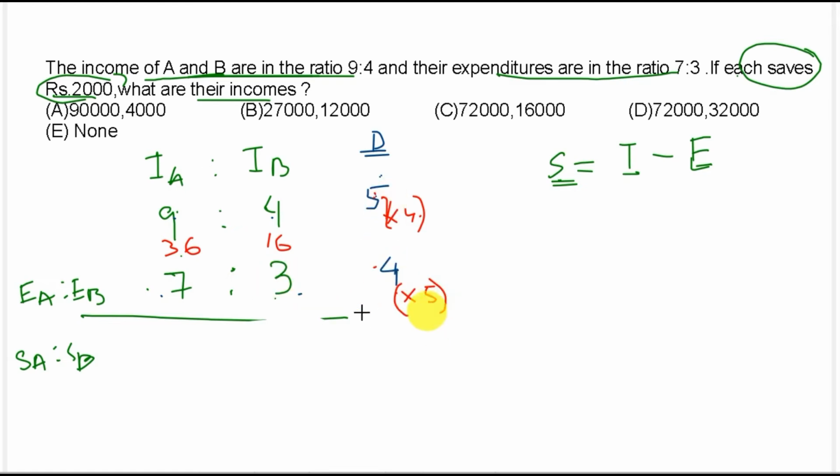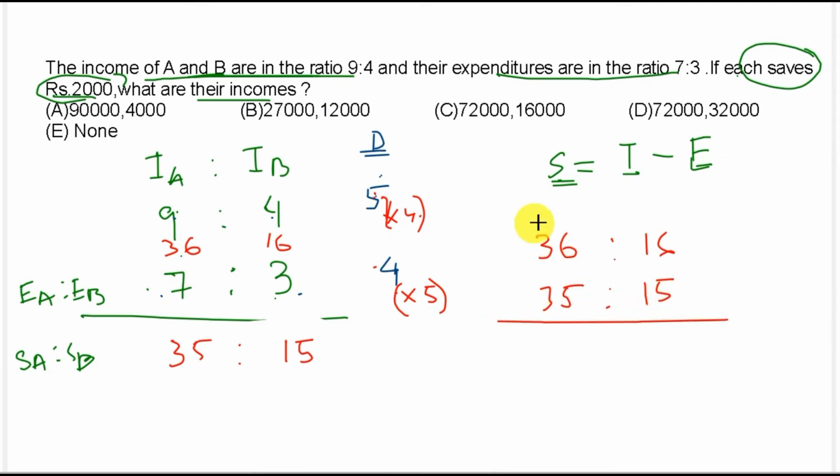So what is the value now? 5 into 3 is 15, 5 into 7 is 35. Okay, so let's write it down. It becomes 36 is to 16, and another one is 35 and 15.